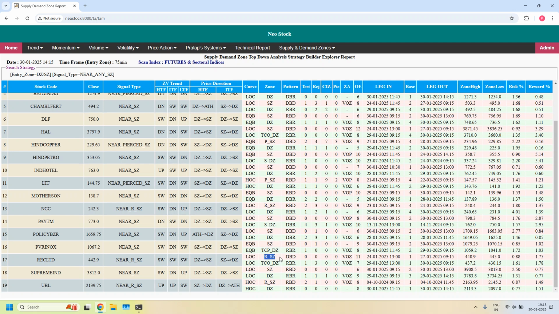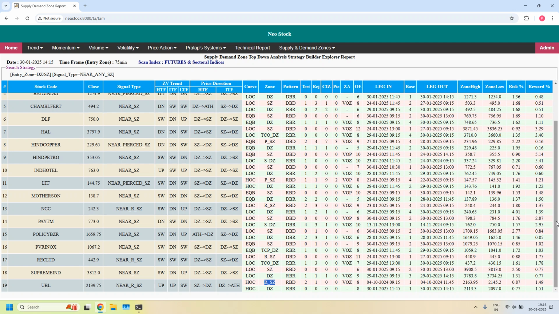REC Limited is having a high liquidity 75 minute supply zone. And UBL is having a high liquidity 75 minute supply zone. We identified 4 high liquidity 75 minute supply zones from this list.